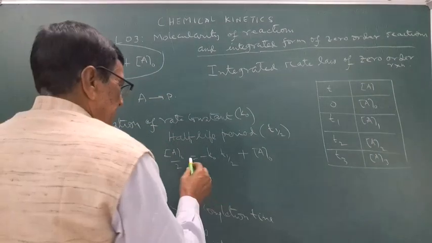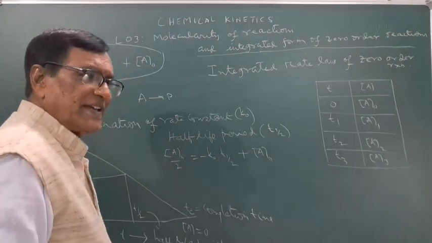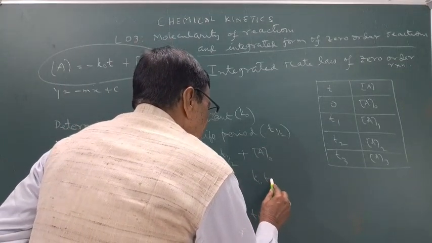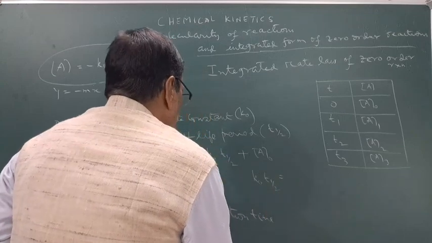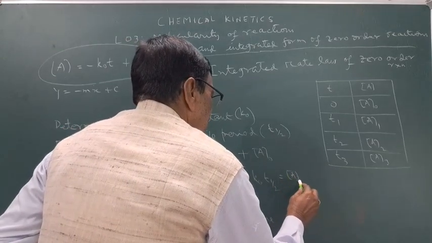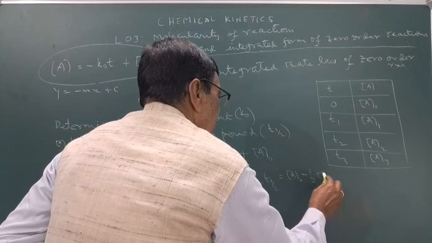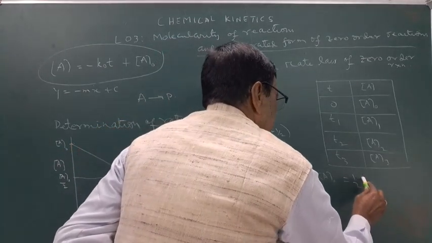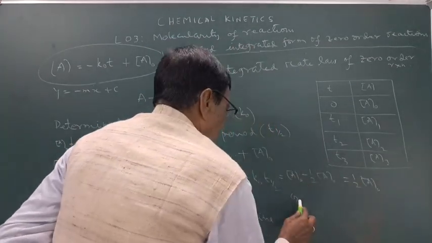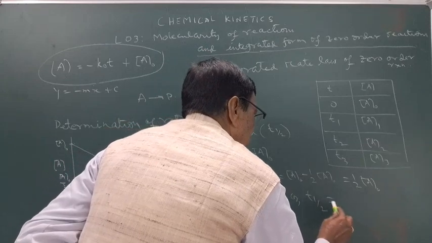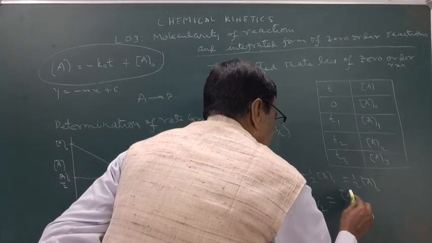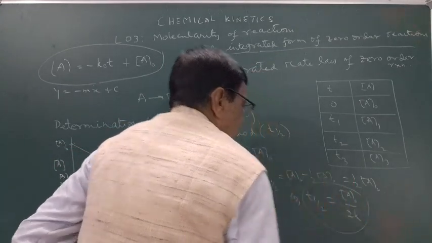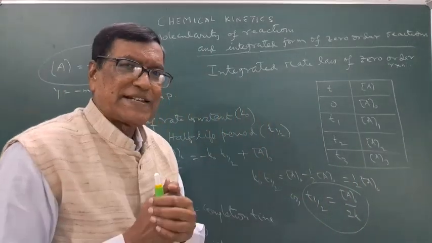Then rearranging this, K naught T half equals A naught minus half A naught, equal to half A naught, or T half equals A naught by twice K naught. So this is the expression for the half-life period of this reaction.